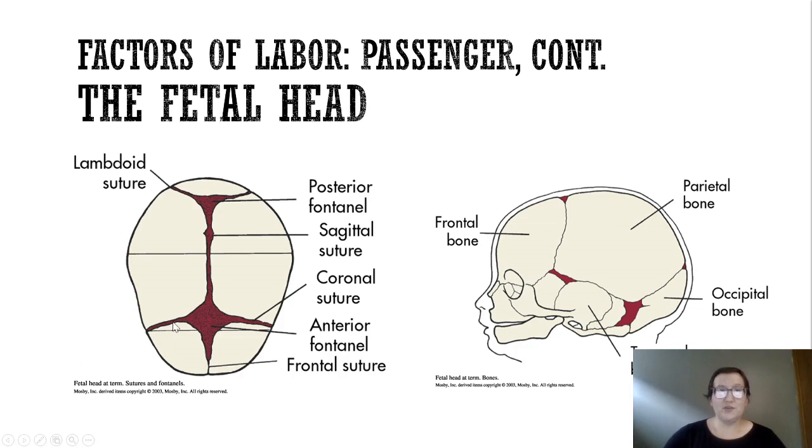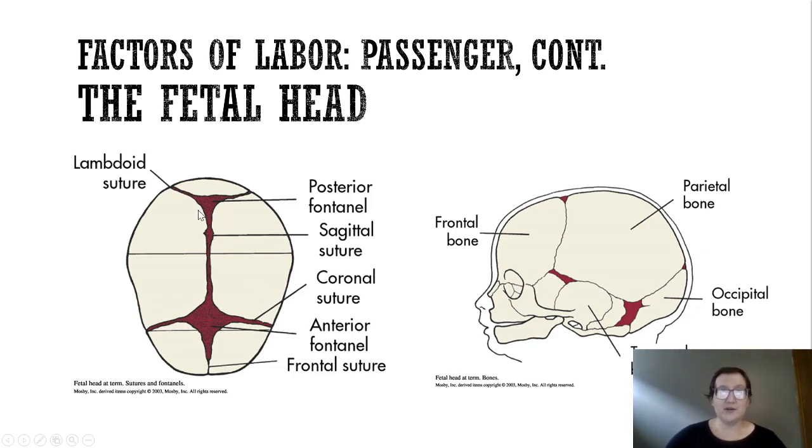The anterior fontanelle, so you will need to know this, is the junction of the sagittal, coronal, and frontal sutures. Okay, you're going to have to obviously be able to palpate that on an infant during your physical examination. This is a diamond shape, and this will close at around 12 to 18 months of age.